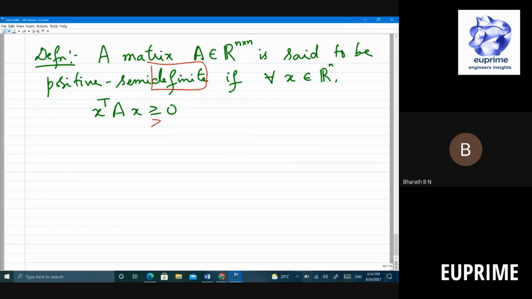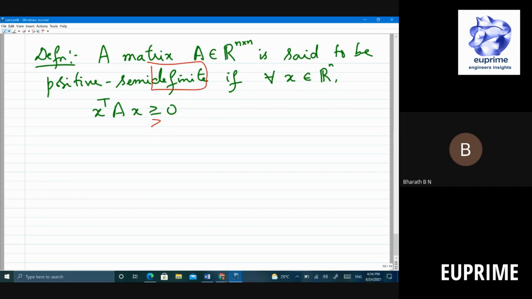Now, what can you say about such matrices? What about the entries of such matrices? Suppose I say that A is positive semi-definite. Can you say something about the entries?